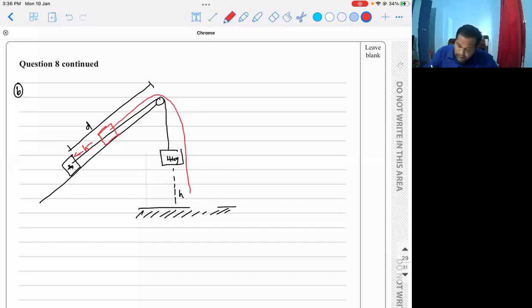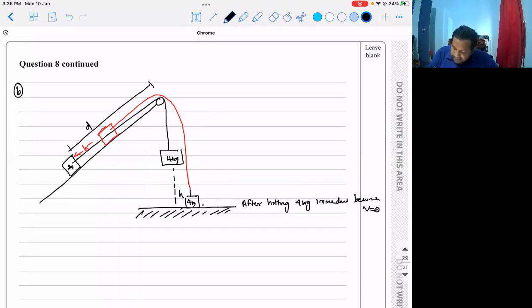So this is our 4 kilogram. This will move h distance. It's not only moves h distance, because after hitting, immediately its velocity becomes what? 0.